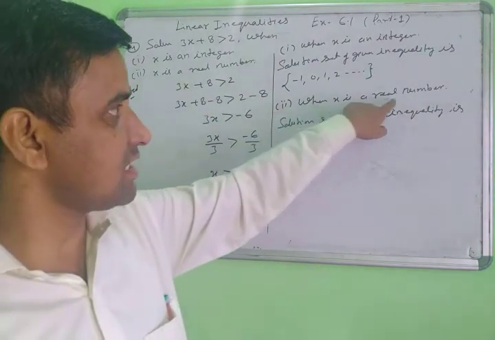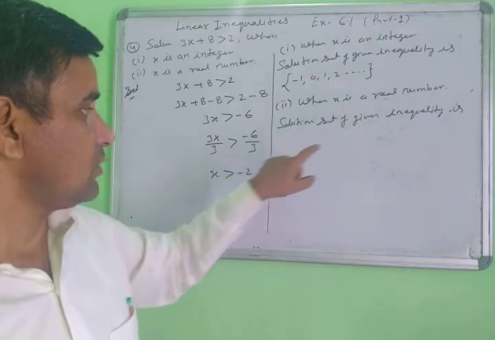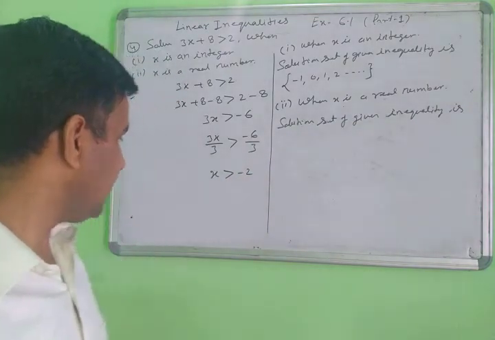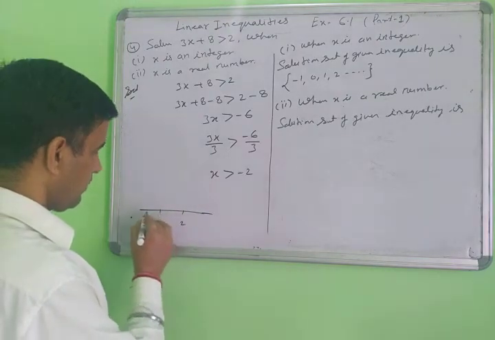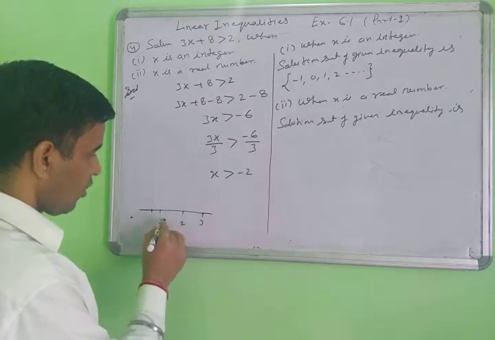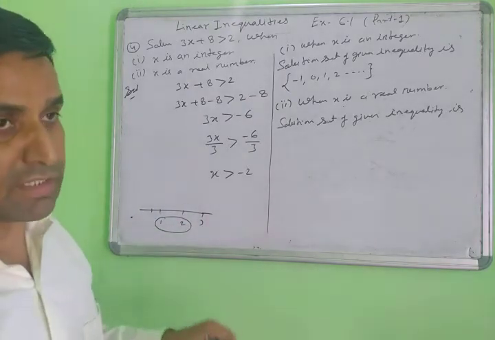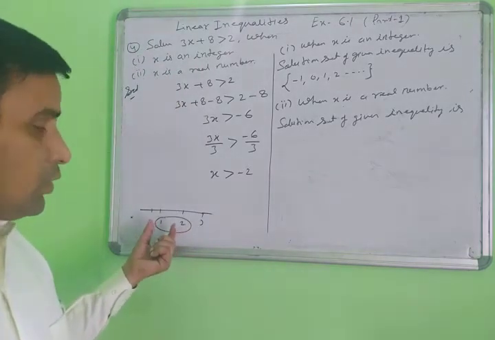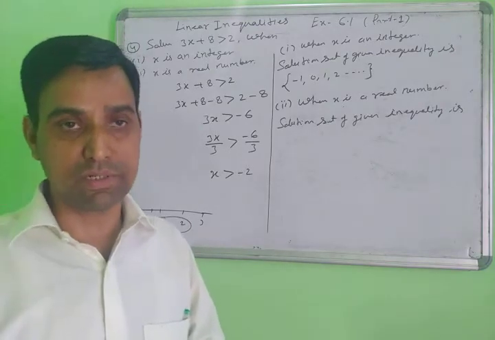Suppose you have numbers 1, 2, 3. How many real numbers are there between 1 and 2? Between 2 and 3? There are infinitely many real numbers. Between any two integers there are infinitely many real numbers.